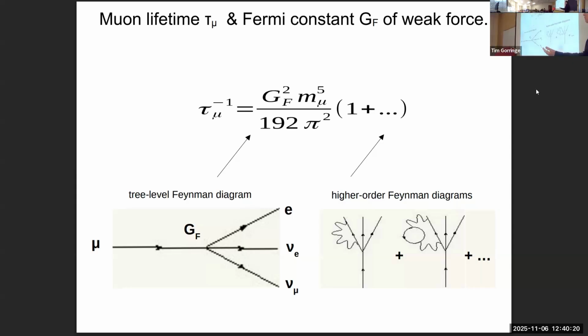So if you can measure the muon lifetime, you determine the strength of the weak force, and that would be done by fitting a time distribution of muon decays to extract the lifetime, and therefore determine the Fermi coupling constant.